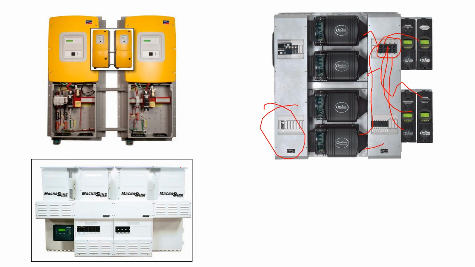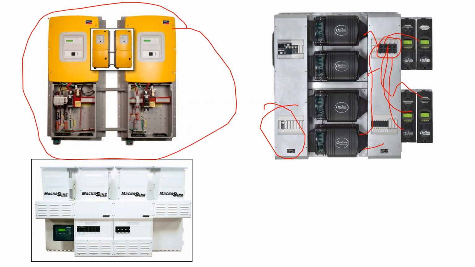I'm not sure what's going on inside of here. Haven't done an Outback system. With the SMA system, you would either have a Midnight charge controller that gets attached to the top of the inverter, or you would just have a standalone SMA inverter on the side of it.